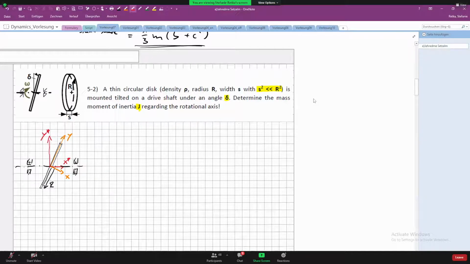This is the coordinate system for the actual motion. The disk rotates about the axis x star. And we have this angle delta between these two axes.